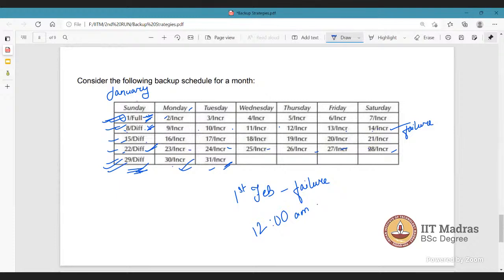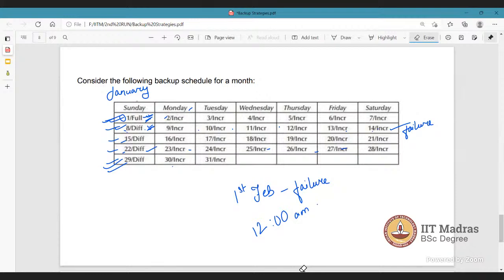Okay, anybody have any doubt? On the 28th, how do we know what the data was on the 28th?